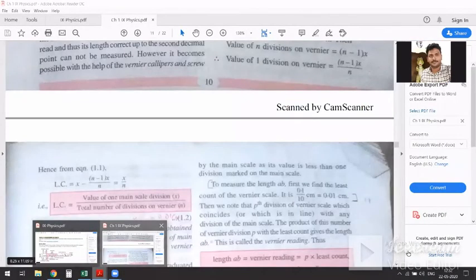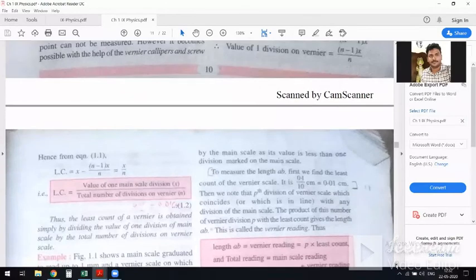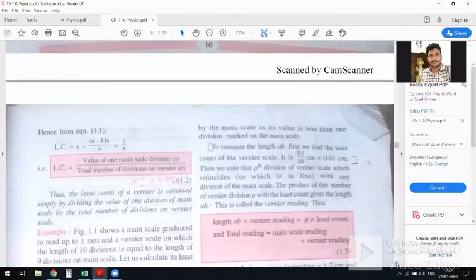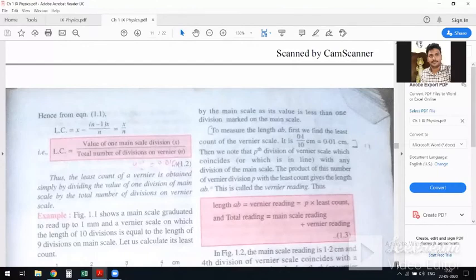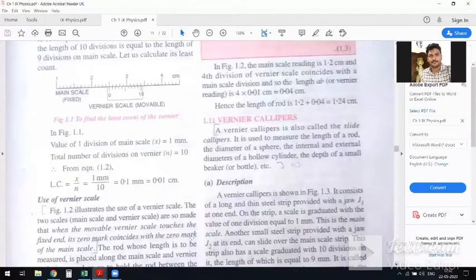So if you see here, we just now talked about least count. The formula for least count is the value of one division on main scale upon the total number of divisions on vernier scale. This is the formula, but finally the answer, as we all know, is 0.01 centimeter.